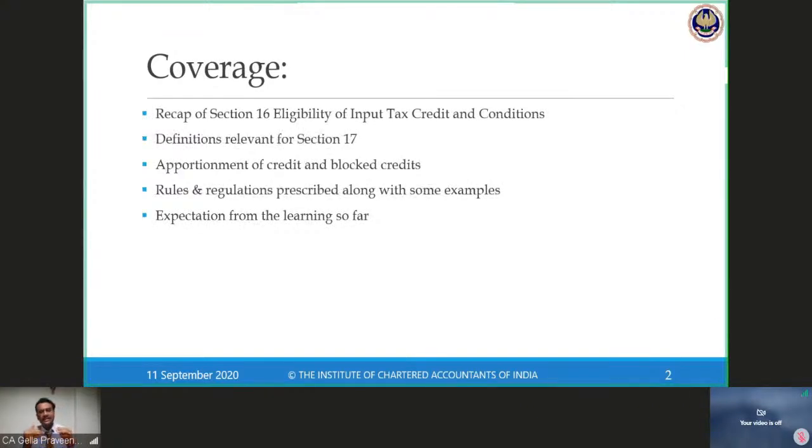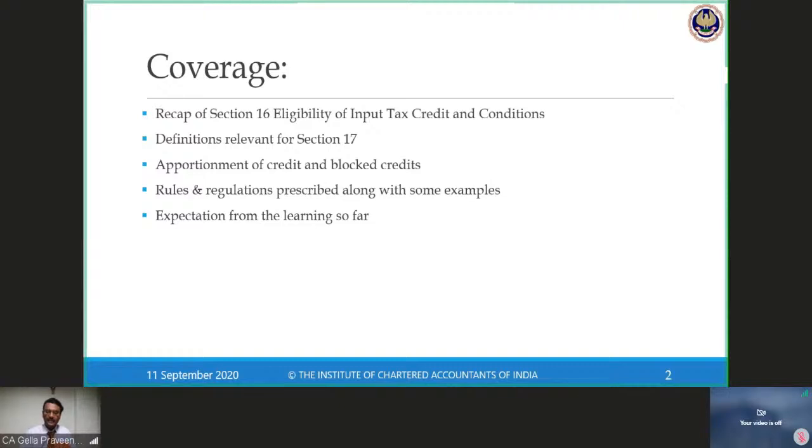Thereby, we landed in section 16 subsection 2. This subsection has 4 clauses, A, B, C, D. These 4 clauses, along with the rules, we studied in our last session.